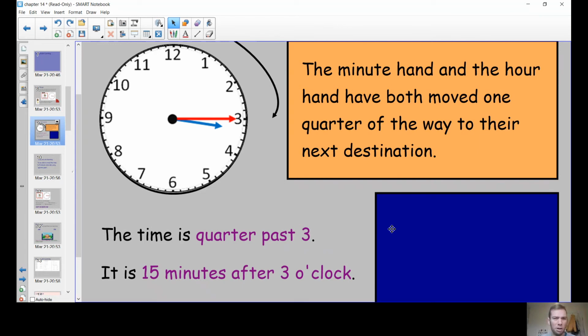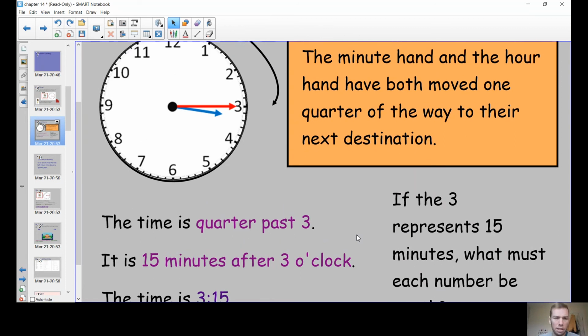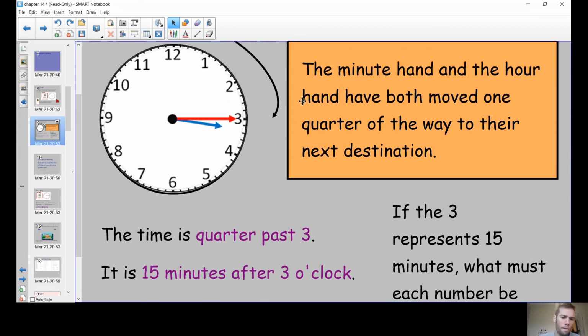But how did I know it was 15 minutes? Well, if the 3 represents 15 minutes, what must each number be worth? I'm just going to go back to my little clock here. I think this will help me a little bit more. So at the moment, my time says 3 o'clock.